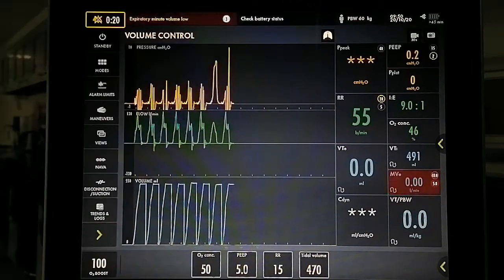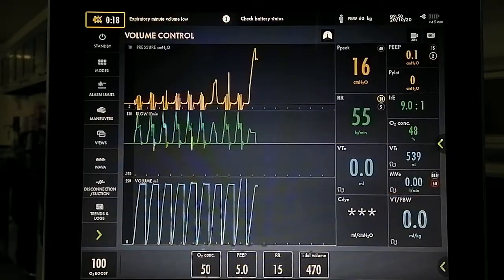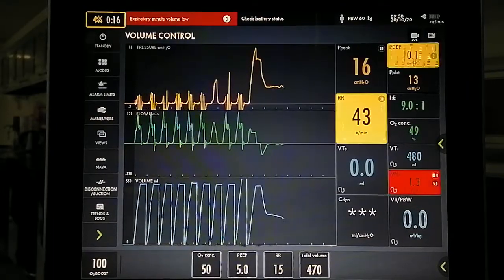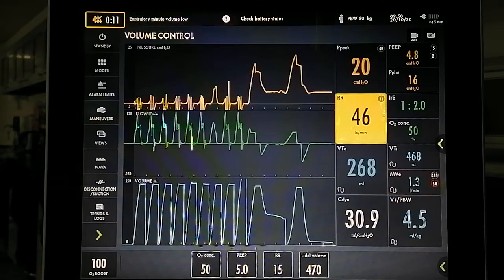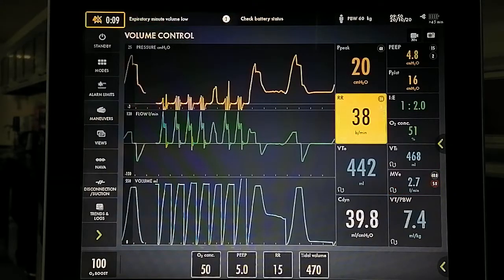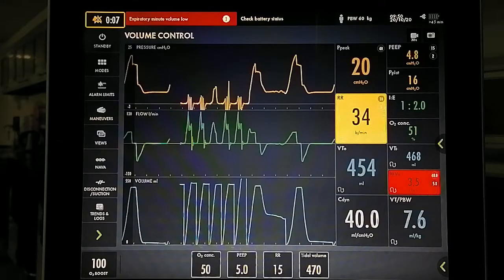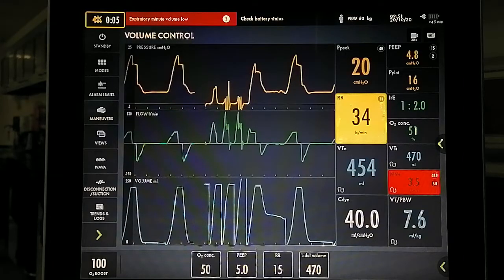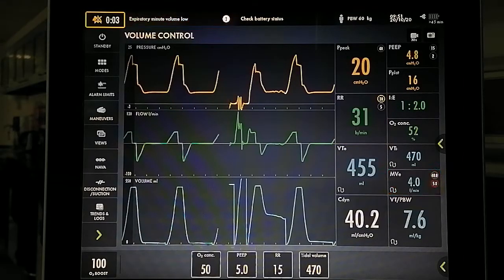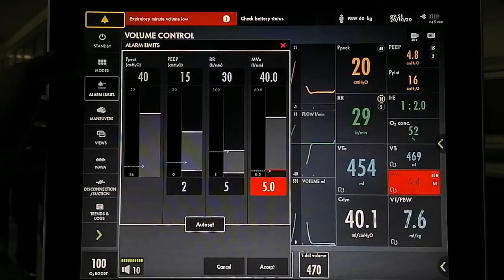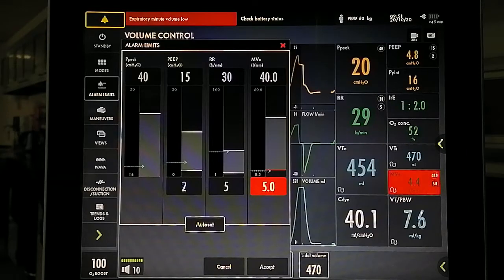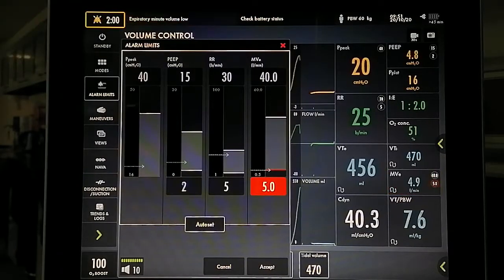As you can see, there's a red light showing some alarm. So you observe the mechanical ventilator for several breaths, and now you can set the alarm limits. You go to the alarm limits, and you can silence your ventilator.